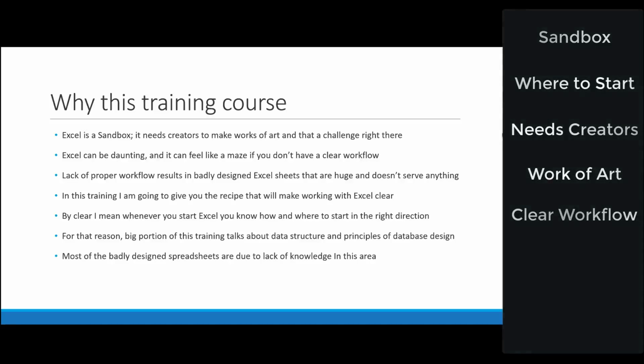All right. So clarity is important, and you need clarity. Without having the proper workflow, without understanding things like data structure, how to organize your data, how to separate it, how to make standard formatting, how to be consistent in how you present your numbers and things like that, you won't have clarity.